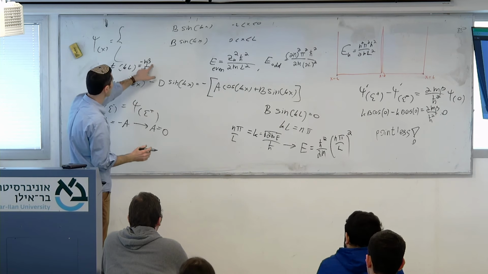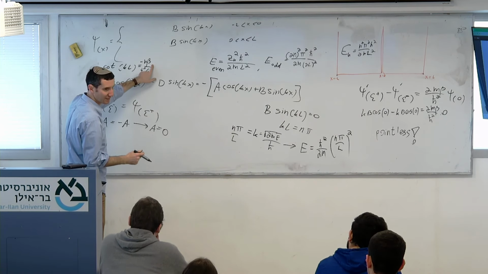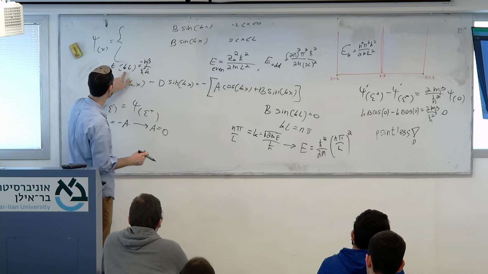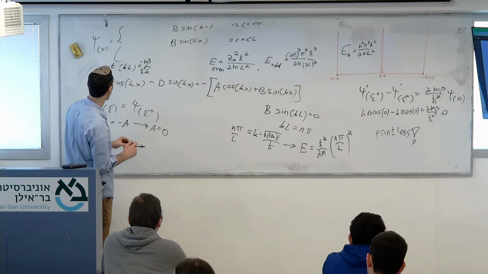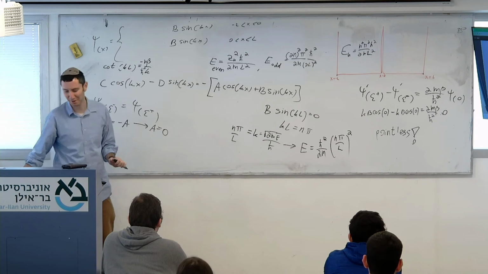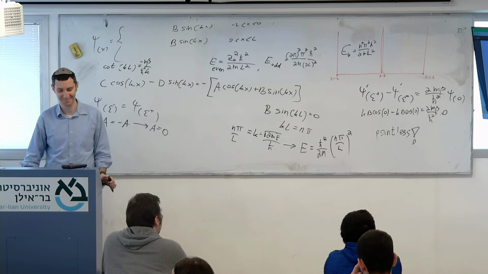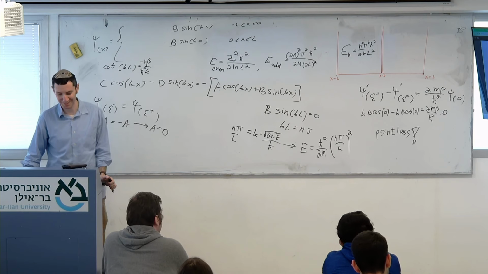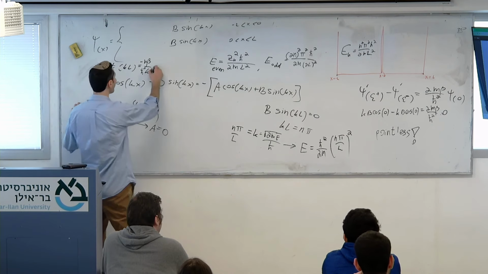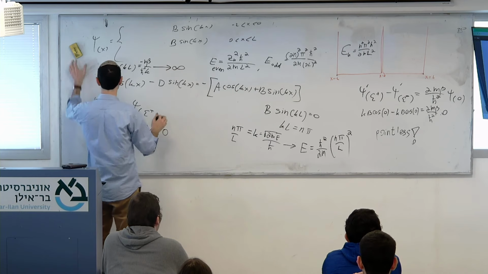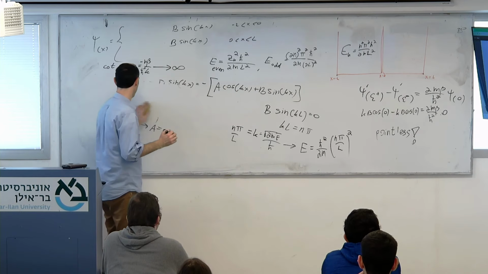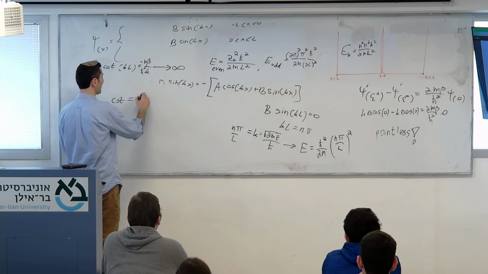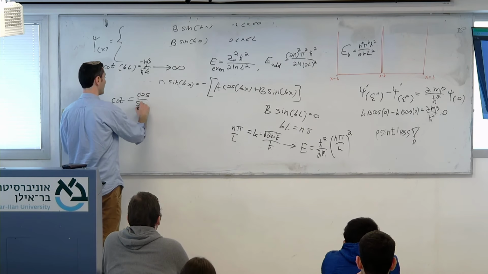Good. Now what happens when beta goes to infinity? Cotangent goes to 0. Well, not true. He talks about it here. It's going to be phi n. Good, good. If this goes to infinity, cotangent is a cosine over sine.